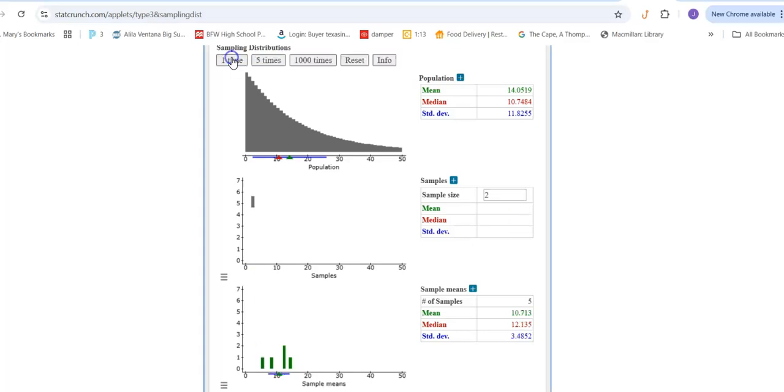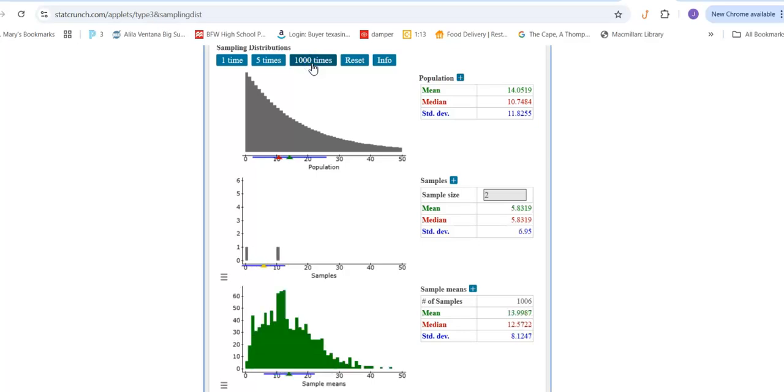So if we keep doing this a bunch of times, I'm going to do this 1,000 times. Okay, so the data does still look skewed right. It's a little bit less variation. So you see it doesn't go all the way out to 50 there, but it's still skewed right, not quite as big a variation. What if we went up to, say, 5?